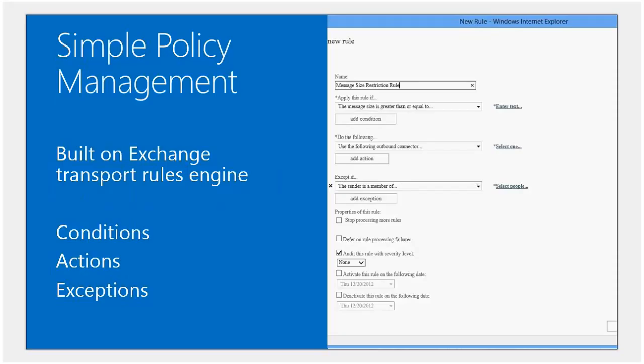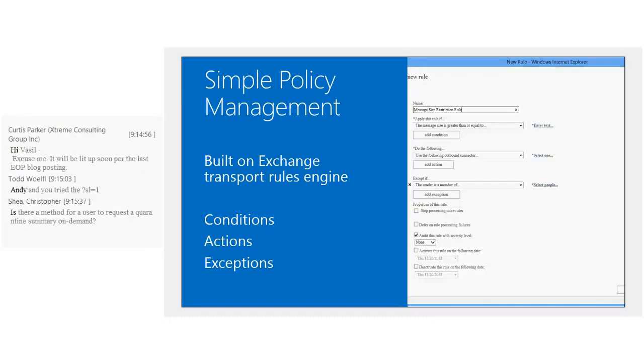So you would put up a condition like, hey, if the message size is greater than 5 MB, then I want to block this message or encrypt it with so and so. That becomes your action. But I don't want to do this action for the CEO of my company. So put his account as an exception. That is possible through the ETR rule.